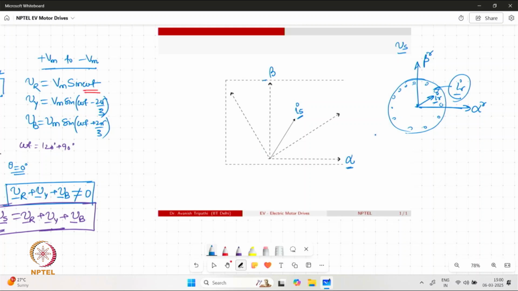And for clarity, we will write this frame of reference alpha beta as alpha s and beta s to make sure that we are referring to the stator alpha beta, and on the other hand we have the rotor alpha beta frame of reference. Now, I would introduce a term over here which can be called the native frame of reference.